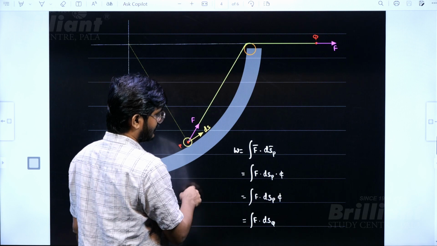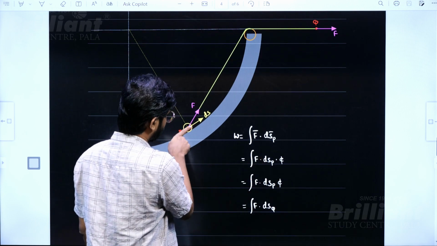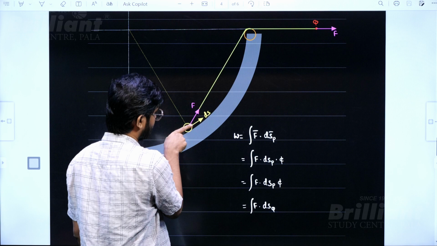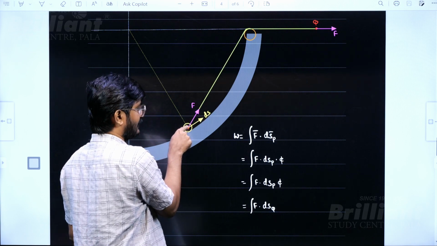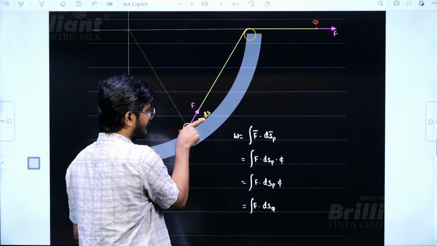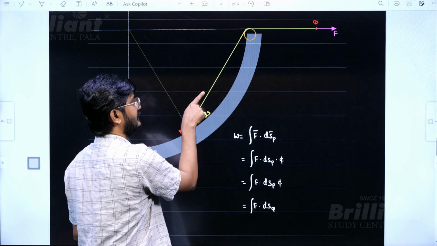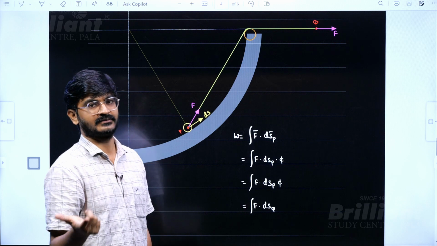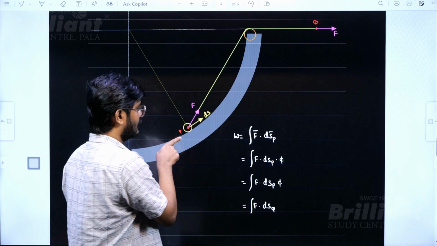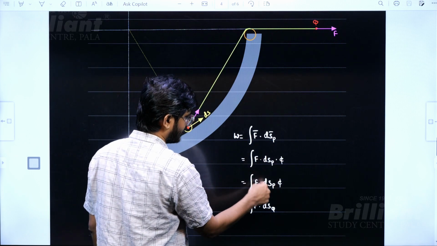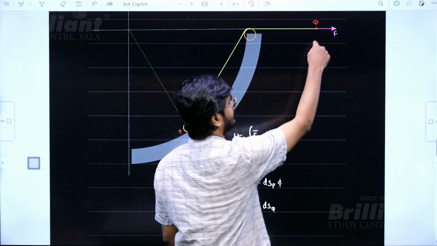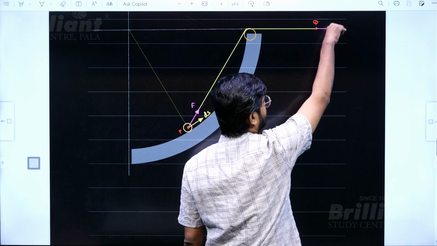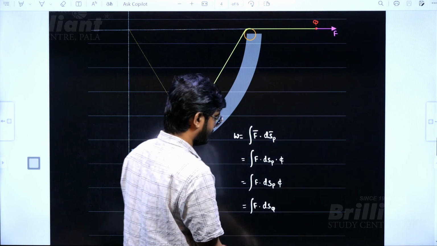Now I can look at this one like displacement of particle P cos theta, that is displacement's component along the string. So that particle is already on the string, so particle's displacement along the string should be same for any particle, or else distance between two particles will increase. So this thing I can say it is displacement of any particle along the string, which is same as displacement of this particle along the string, displacement of q along the string.